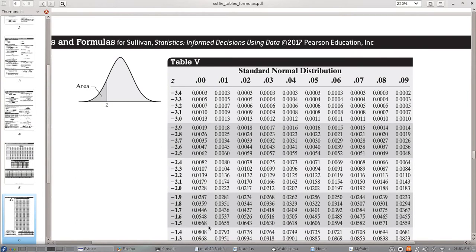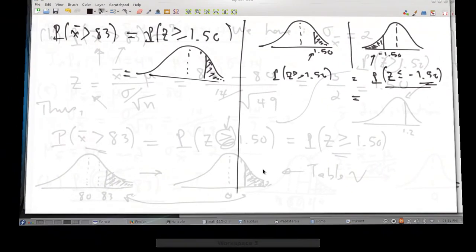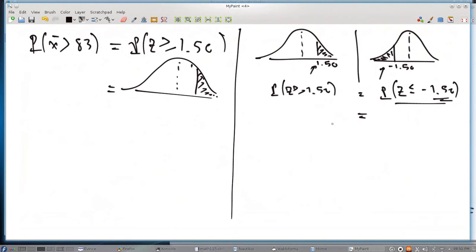That's the value, 0.0668. So that is from the symmetry argument, or mirror image. Okay, now there's another way of doing this, which is to use the complement. So here's the complement rule.